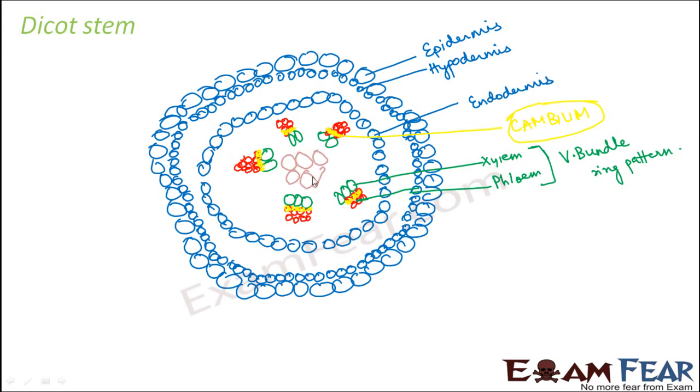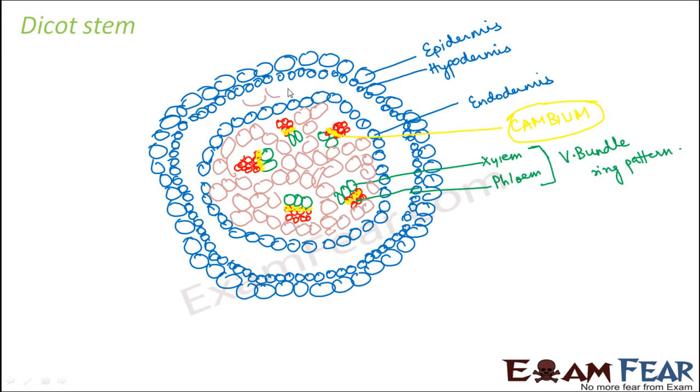These are the parenchyma cells, and they fill the entire empty space which we can see right now. From this picture it becomes very clear that the parenchyma cells are indeed the packing tissue. They fill up all empty space and pack everything up. So here you can see the pith, which is nothing but the parenchyma cells.